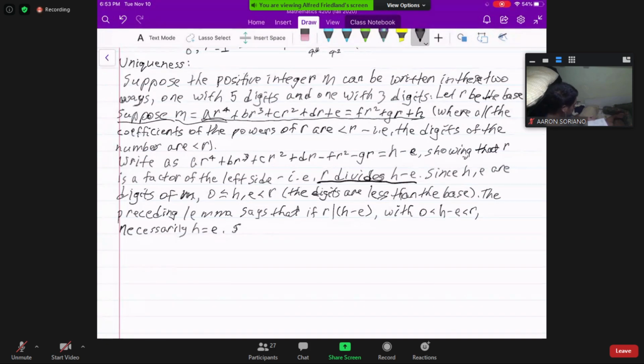So up here, we have E on the left and H on the right. They're equal, so we can subtract them.